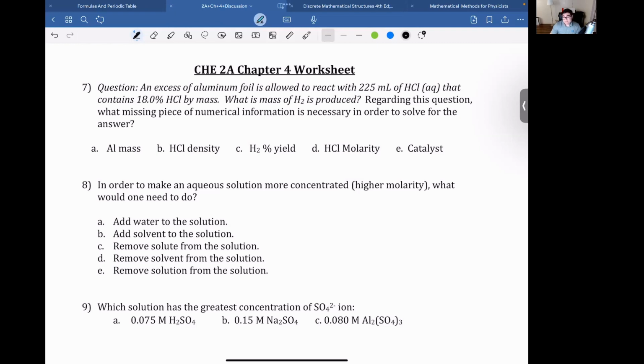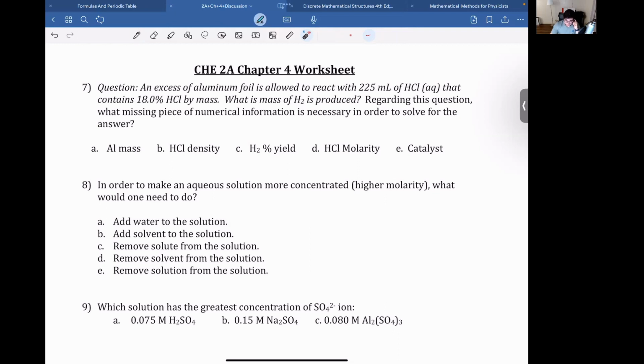Now, you can't find how much HCl is in here, right? If you want to figure out how much H2 is produced, if you write the chemical equation, you need the moles of HCl that you have. So what's the problem? The problem is you have HCl by mass, but you're given a unit of volume. You can't just take 0.18 and multiply it by 225. They're not the same thing. It's not by volume, it's by mass.